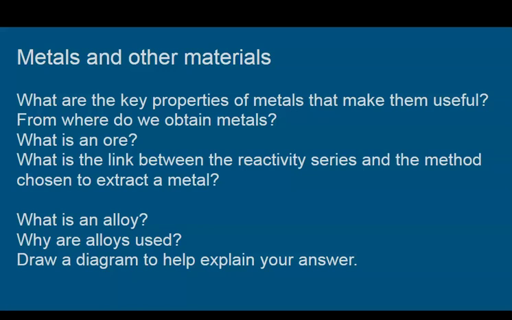For metals in the middle of the reactivity series that are below carbon, you heat the metal ore, usually an oxide or sulfide, with carbon or carbon monoxide, and the carbon will reduce the metal compounds to obtain the metal.